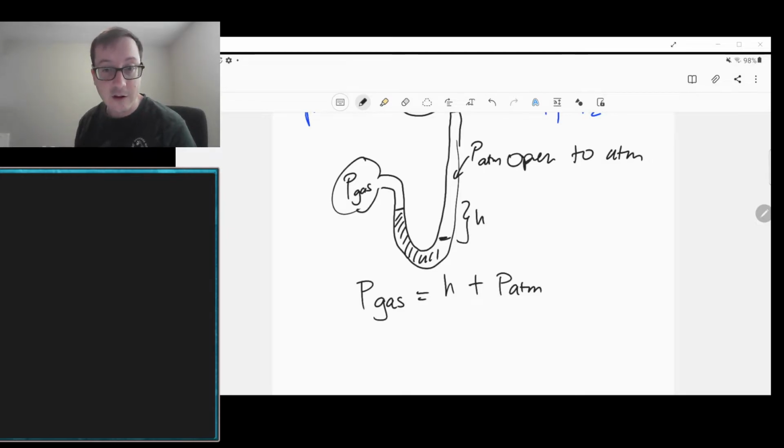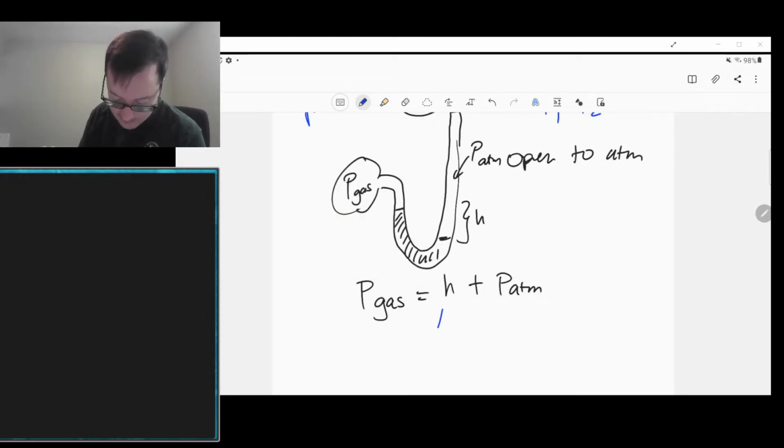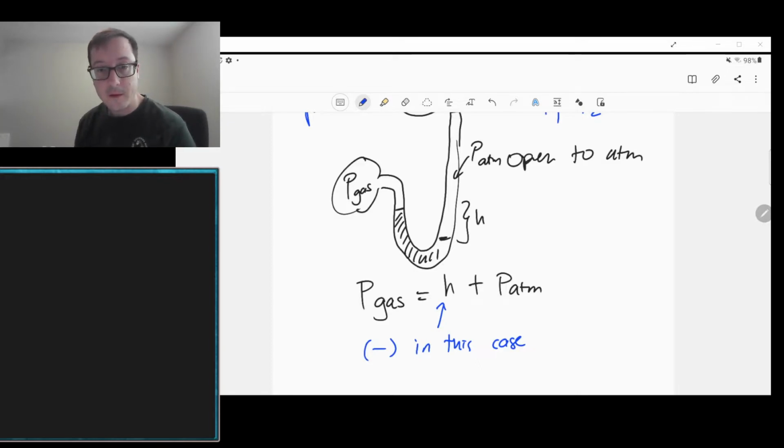So in this case, our height would be negative because the atmosphere is stronger. So in this case, it's negative, because we have a loss of height, right? So we're going to see that in the case of your gas having less pressure than your atmosphere, H will be negative.